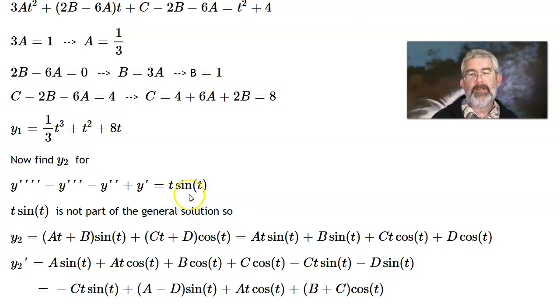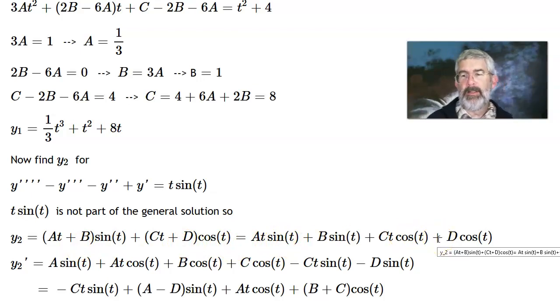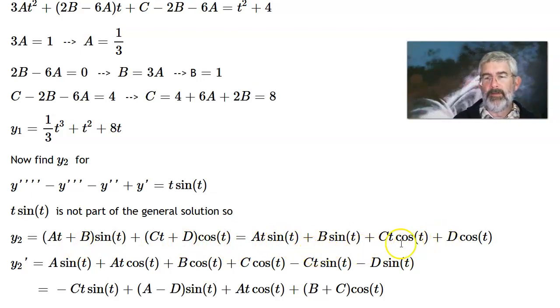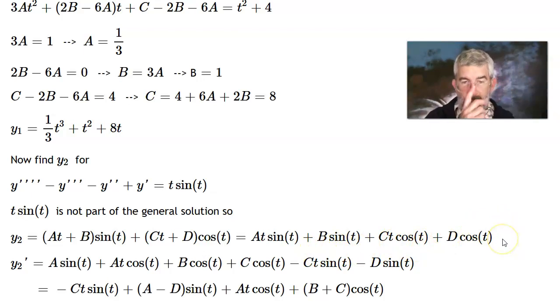Even if sine t without the t was part of the homogeneous solution, you would have to multiply here by t, because the b sine t would not be contributing to the non-homogeneous part, it would be contributing to the homogeneous part. But in this case, t sine t is not part of the general solution, nor is sine t, so I can just make this guess. I distributed it through here just because I find it easier to do all the derivatives written out like this and then keep track of things.